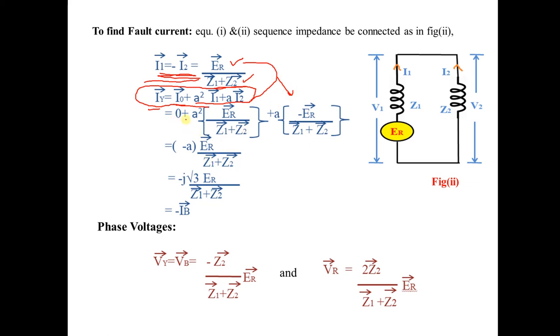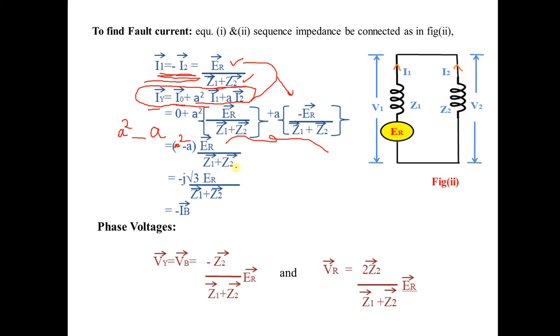And next, when I calculate with both equations, I obtain a square minus a, and then it will be obtained as a square minus a into ER by Z1 plus Z2.